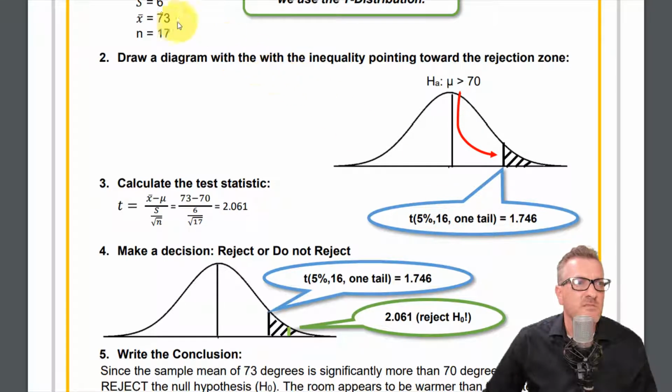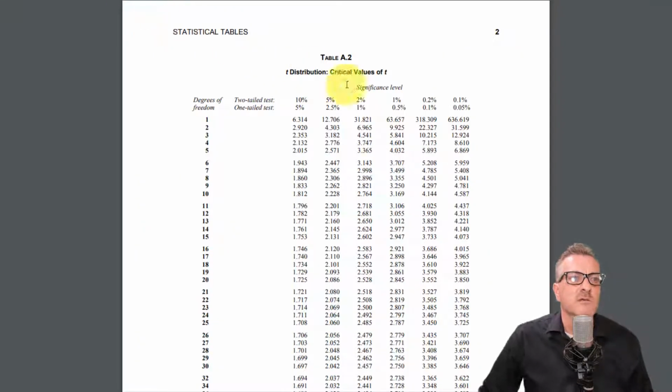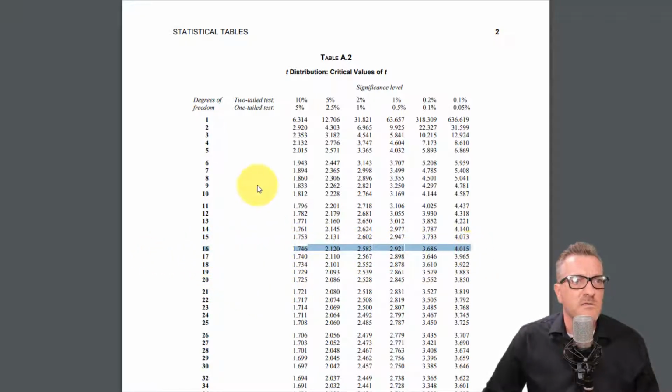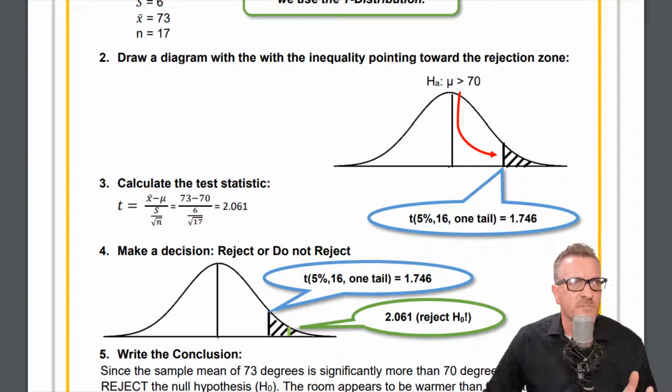So let's go and look at the t-table. On the t-table, our degrees of freedom is 16. So we're somewhere in here. 16, one-tail test, and 5%.